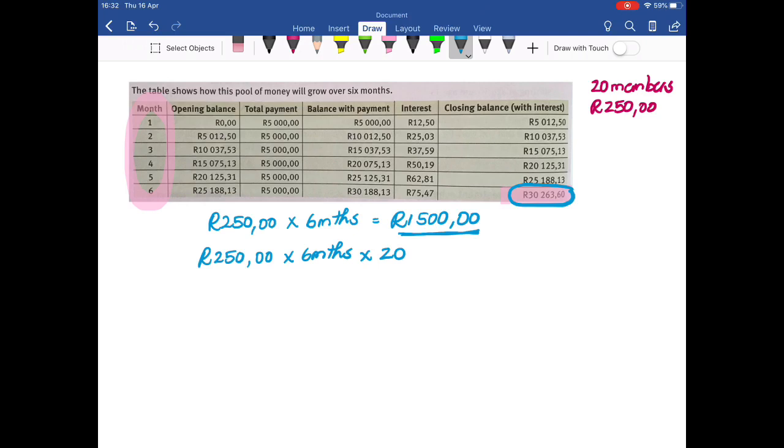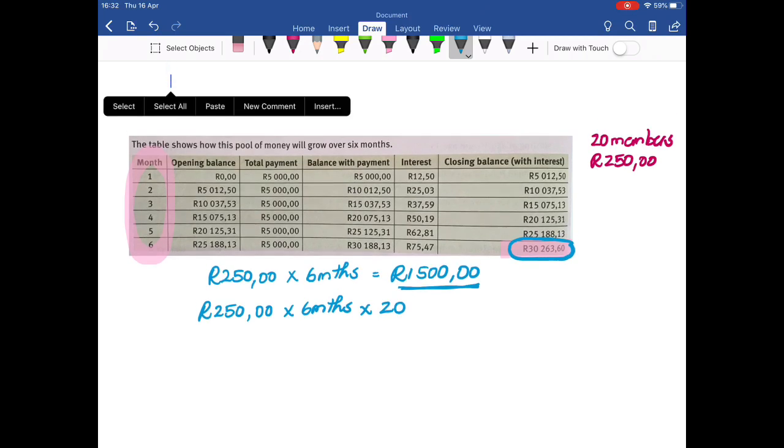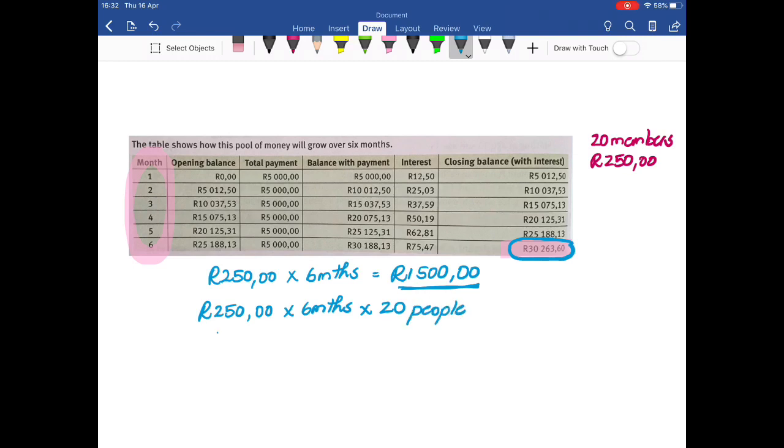So if we work that out, you're actually going to work it out by saying 250 multiplied by 120 months.